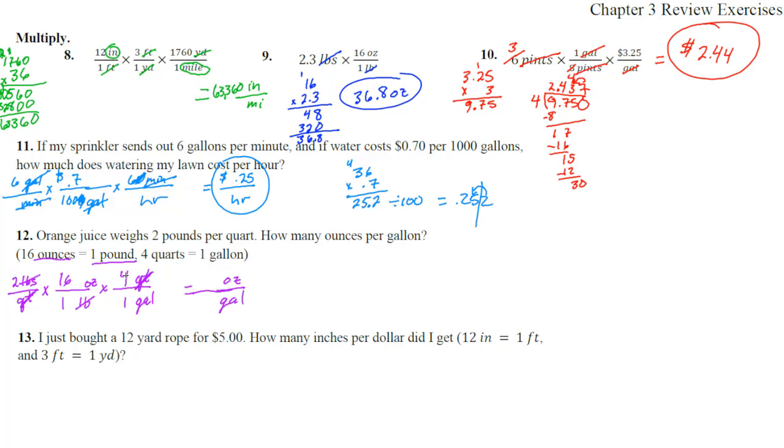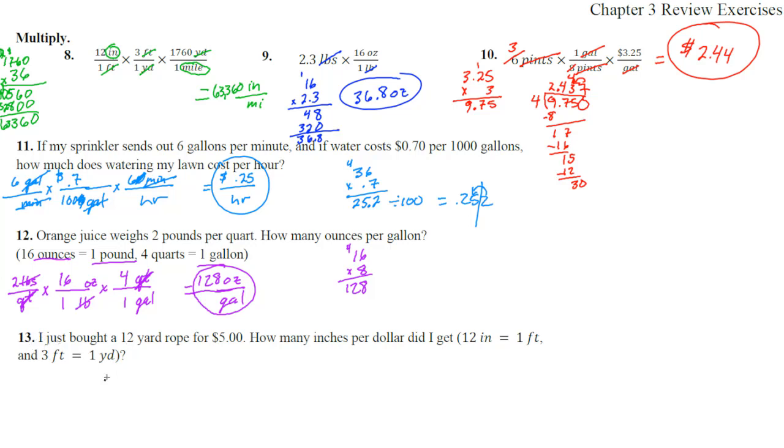We can do 2 times 4 in our head. That's 8. So we got to do 16 times 8. 8 times 6 is 48. Carry the 4. 8 times 1 is 8. Plus 4 is 12. That's 128 ounces per gallon of orange juice. Right on. Okay, the last one here.